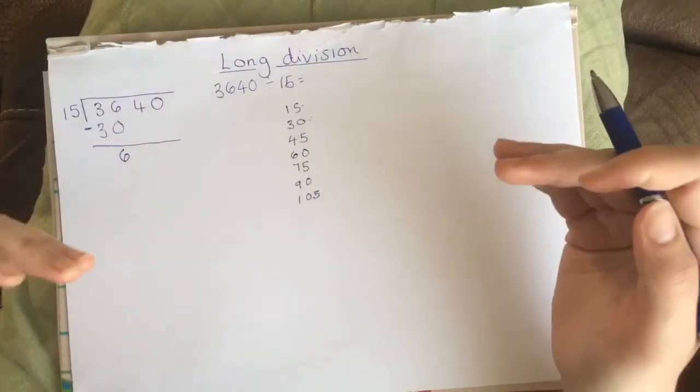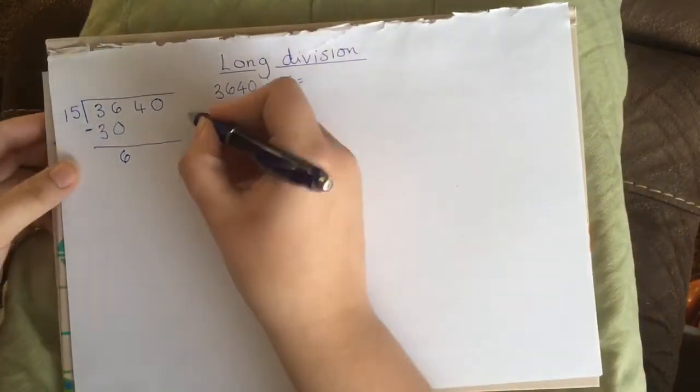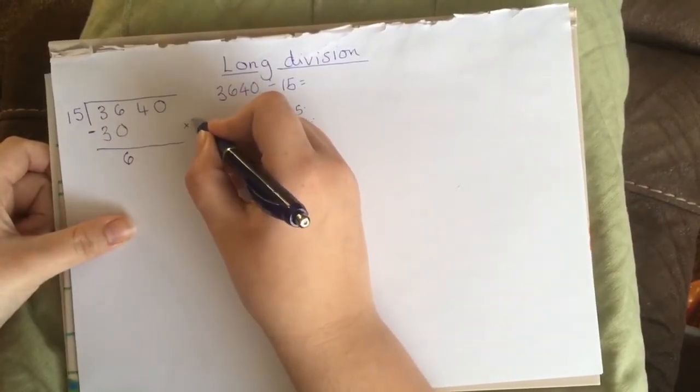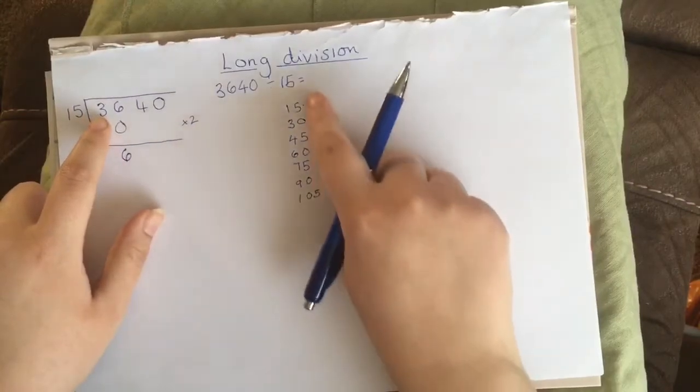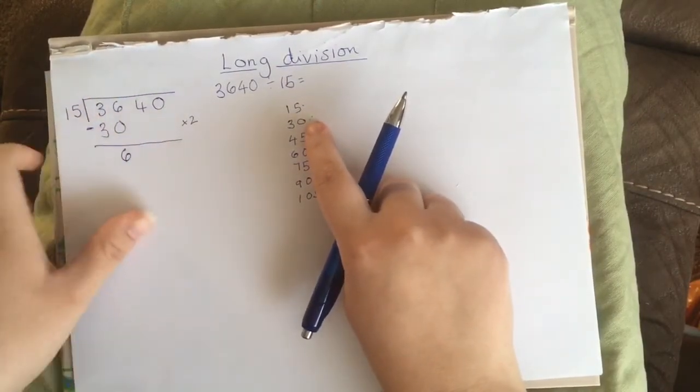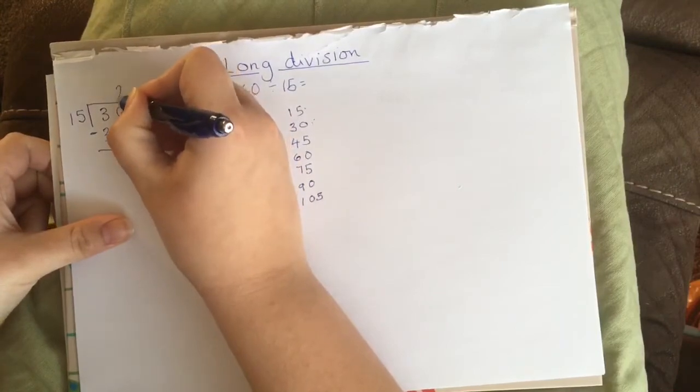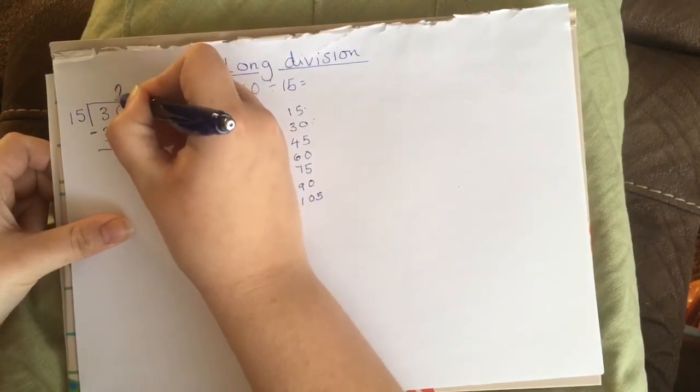Now the thing I like to do when I keep track is I just like to see that I've done 2 times 15 at the side, because I did 2 times 15 to get to 30, so I've written that there. You then also write your 2 at the top.